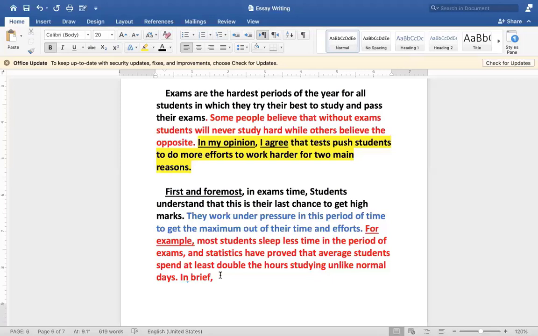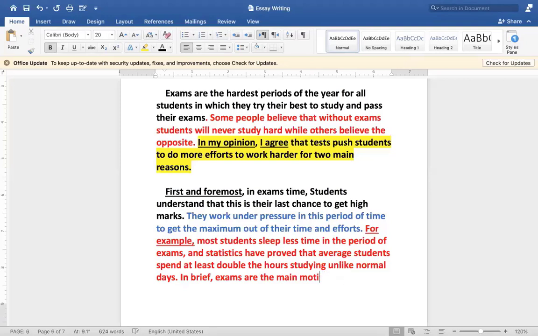So here we stopped. We need to write a concluding sentence for this first body. So what is the concluding sentence? In brief, exams are the main what? Motive. Or the main method to.